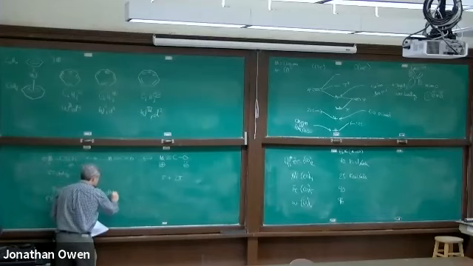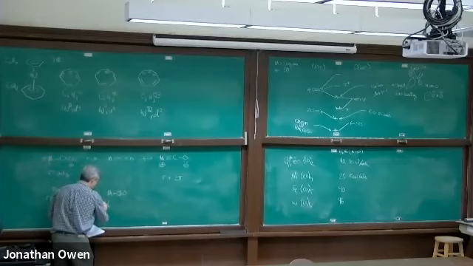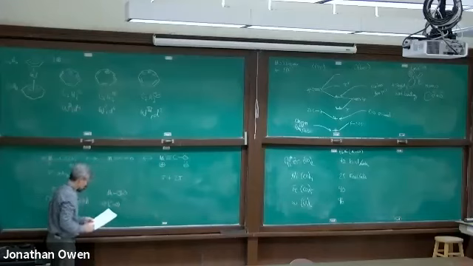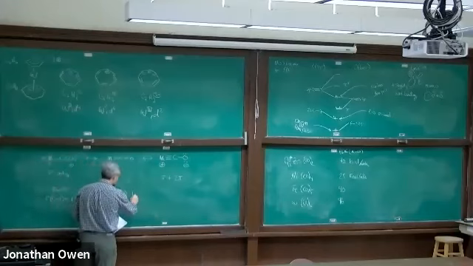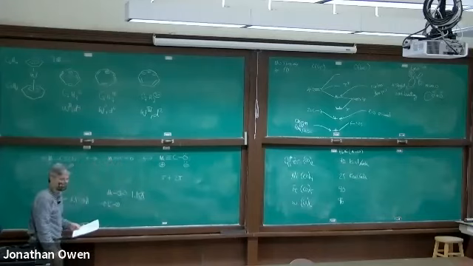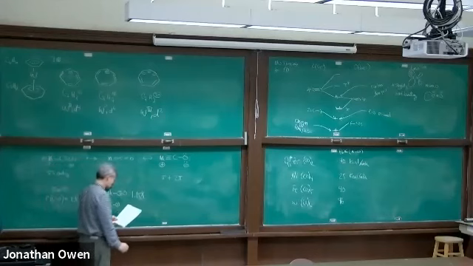For metal carbonyls, the approximate distance of the CO bond is going to be 1.15 angstroms. That's typical.